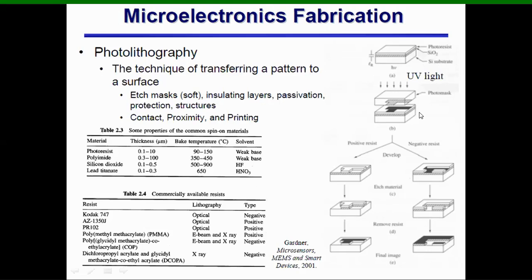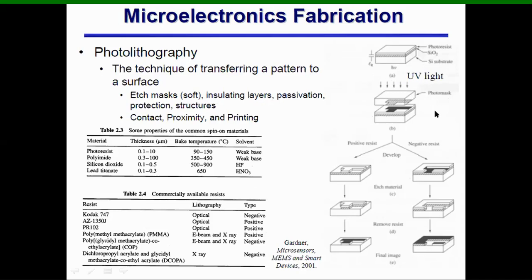exposed to UV light. Let's say we have this photo mask, and beneath we have a substrate containing the photoresist, and we are exposing our substrate to the UV light.